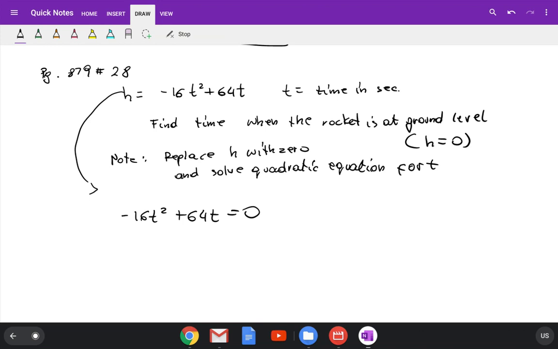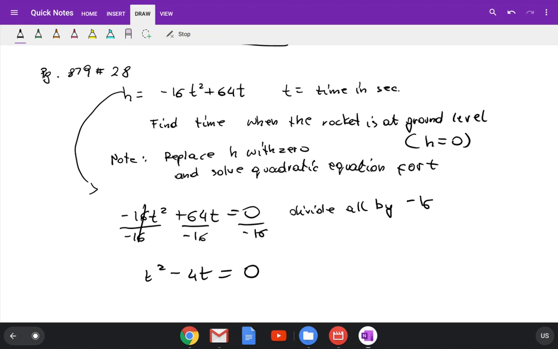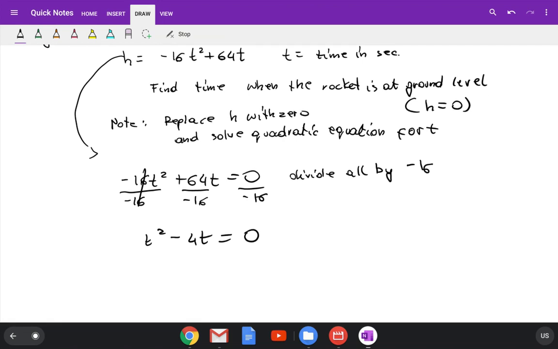This is a nice, easy quadratic equation. You don't need to use the AC method. I will divide everything by negative 16 first. So you will end up with t squared, and then 64 divided by negative 16 gives you negative 4t, equals 0.